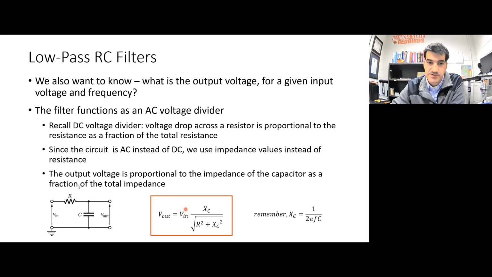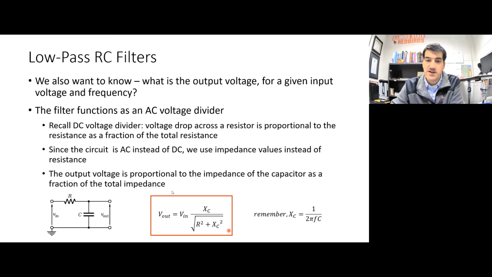Here's the input voltage. Here is the impedance, which is the same thing as reactance because our capacitor is purely capacitive. And that is the impedance of this component. And the denominator here is the impedance of the whole circuit. That's what we did a week ago when we talked about impedance for RC circuits, and that's part of the reason why we did that a week ago.